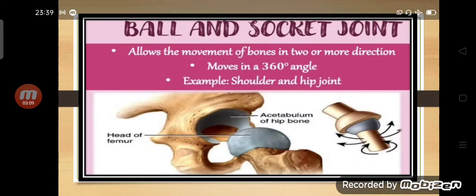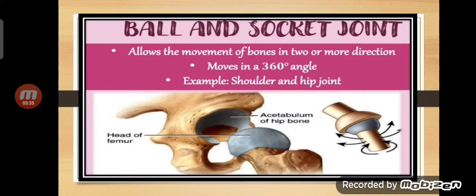Our next joint is the ball and socket joint. As you can see, the ball and the socket. What it does is the ball fits in the socket perfectly. In this type of joint, the bones can move in two or more directions. So what is the angle?